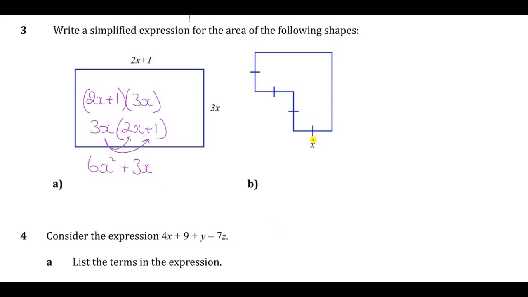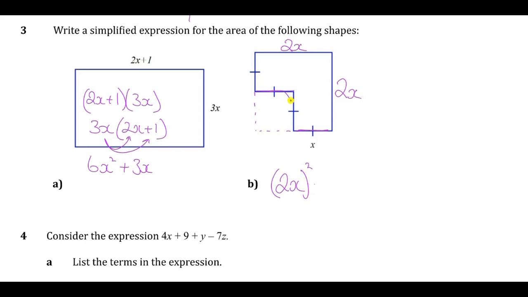For this shape here, if this is x and this is x, then that length there is twice x, as is this height here. So the area of this bigger square is 2x times 2x, which is 4x squared.